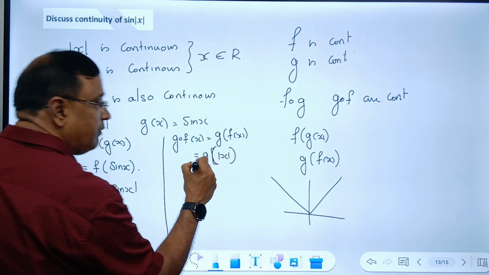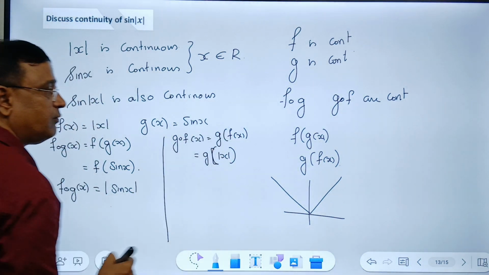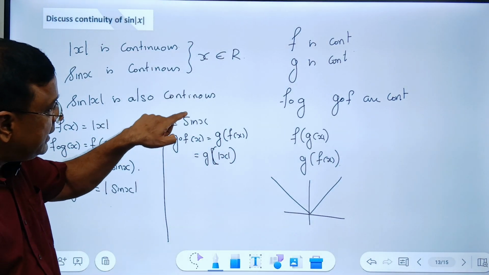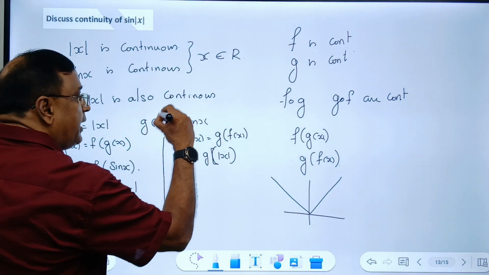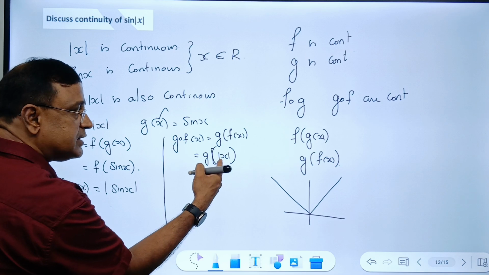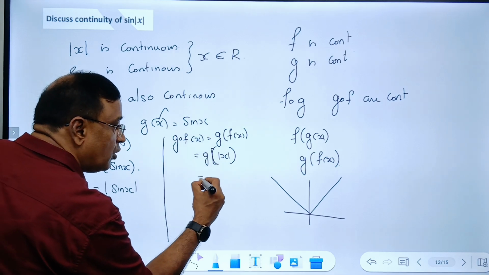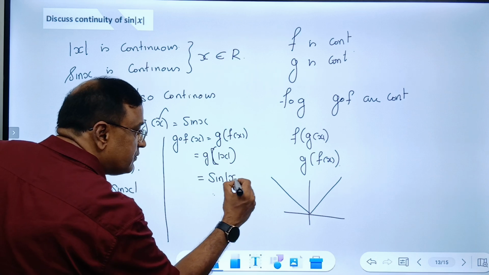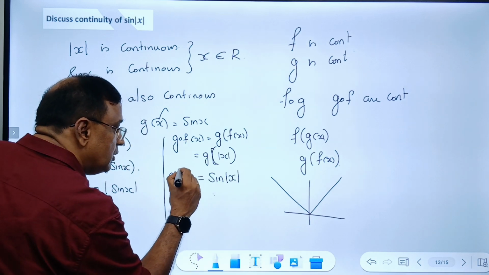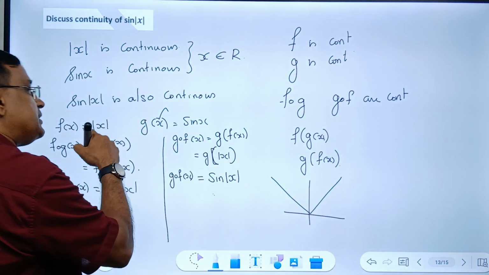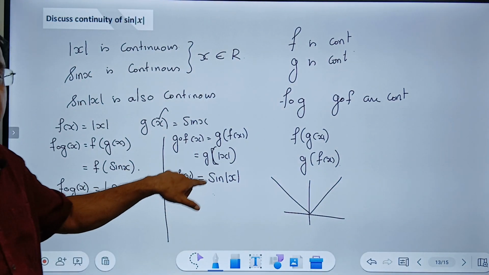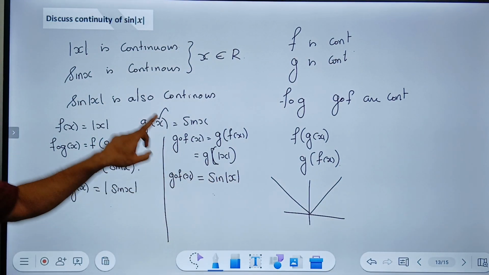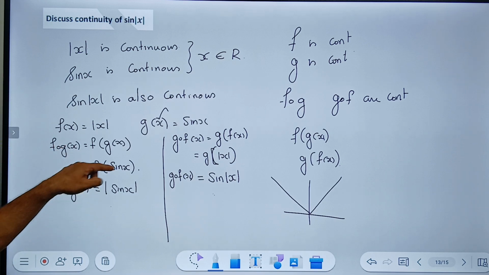Now g of x is sin x, so in place of x, I have modulus x. Wherever x is there, put modulus. So sin of modulus x. If you do g circle f, I get sin of mod x. If I do f circle g, I get modulus of sin x.